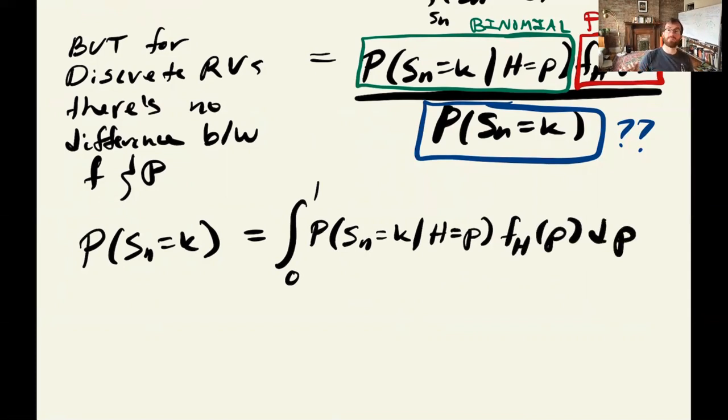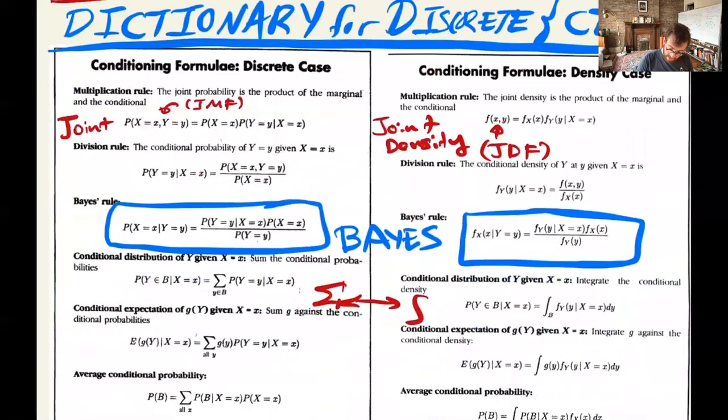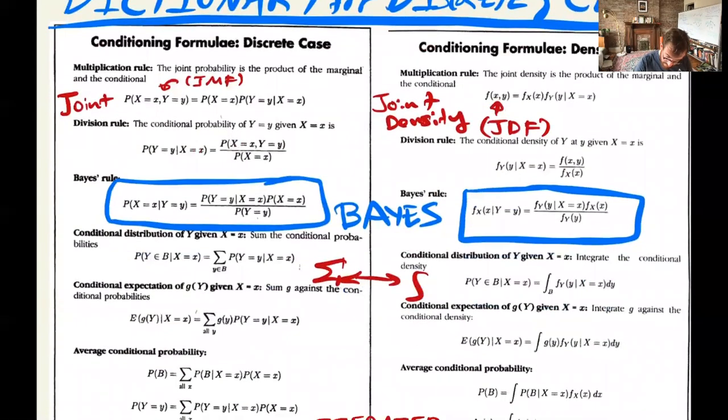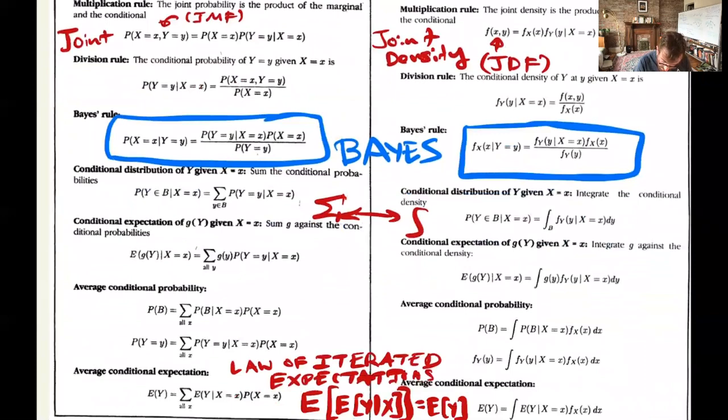Notice this is exactly the expression for marginalization that we had earlier, except I've gone ahead and blended the roles of probability and f. You should just think of this as f. And then we're back exactly to this rule right here, which looks something like this. Yeah, this one right here. That's the rule we're basically using here. Again, Pitman calls this average conditional probability. I sometimes call this the law of total probability.